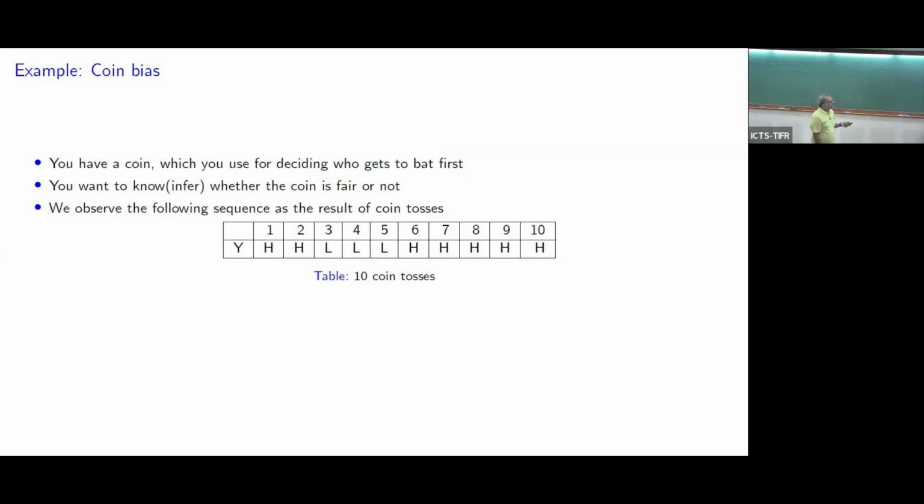Suppose you toss this coin 10 times and you get to see these outcomes. You see that this is heads, then 3 tails, which I am calling losses, and then another 5 heads. Here, do you think this coin is fair?